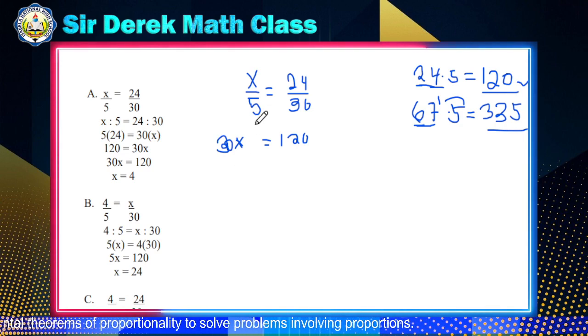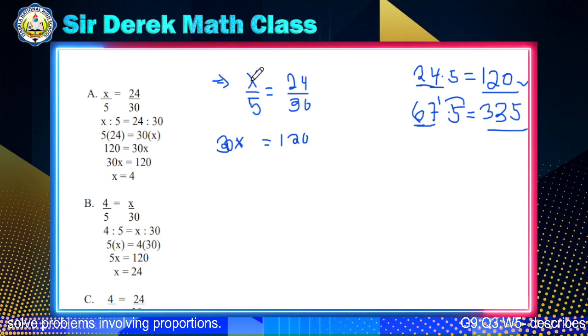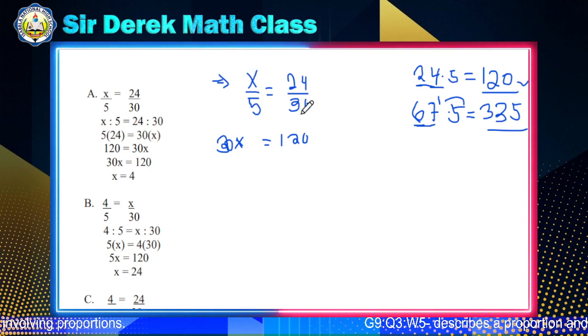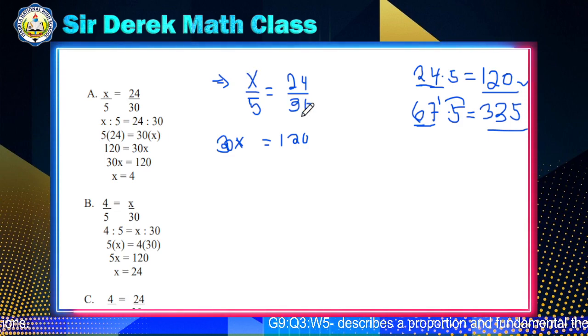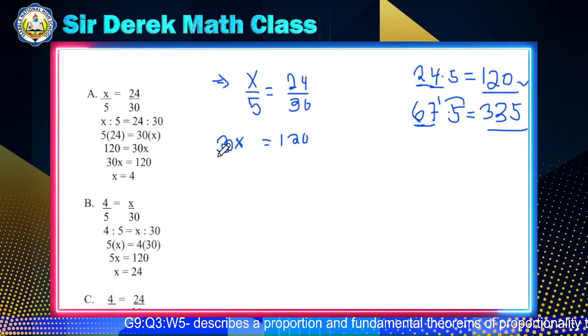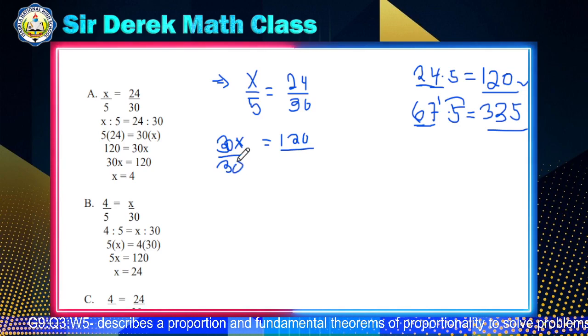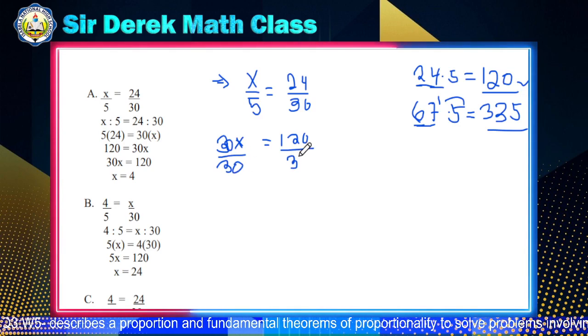So what we are interested in here is the value of x. What should be the entry for x so that this ratio is equivalent to this ratio? In order to do that, you must cross multiply. That's why x times 30 is 30x, and 5 times 24 is 120. And then let us divide both sides by 30. Why do we divide by 30?